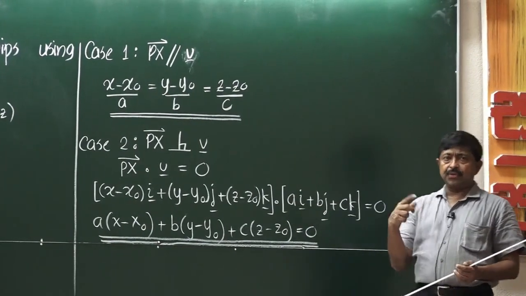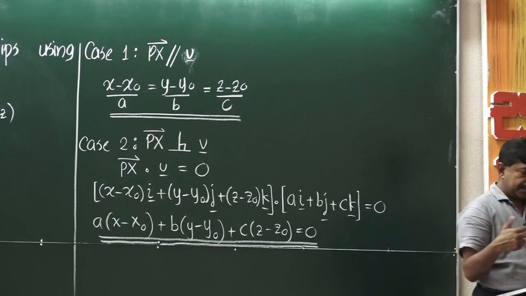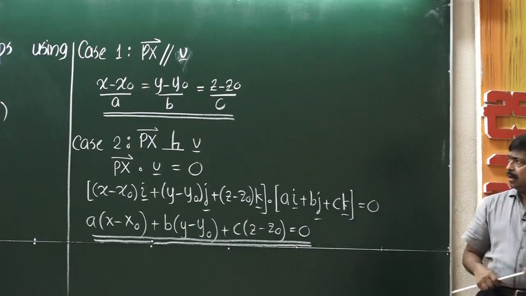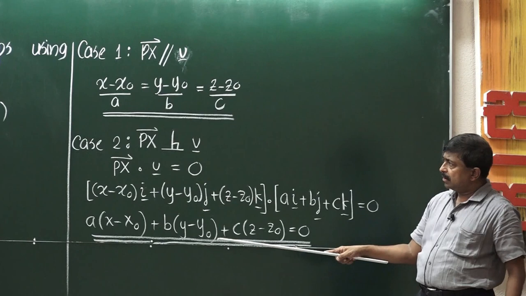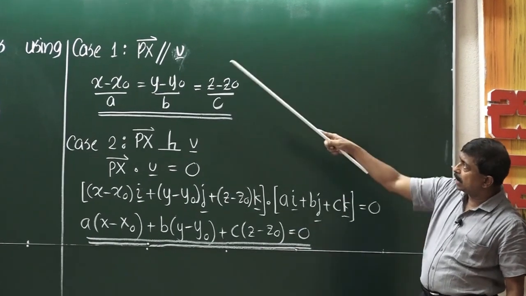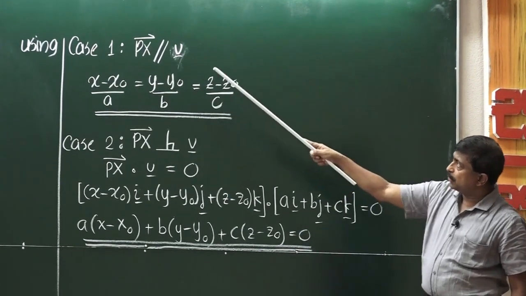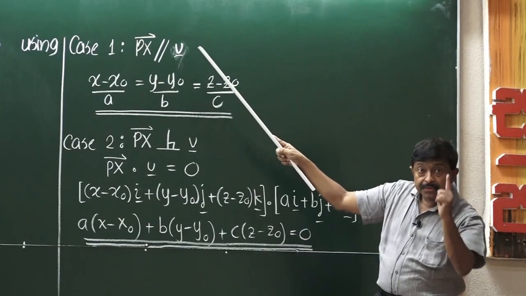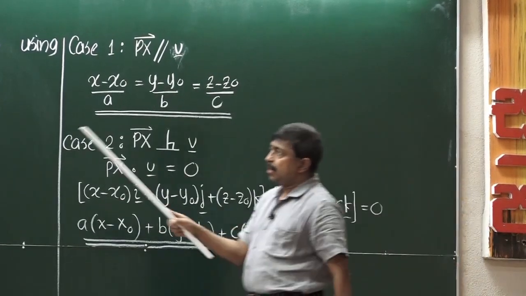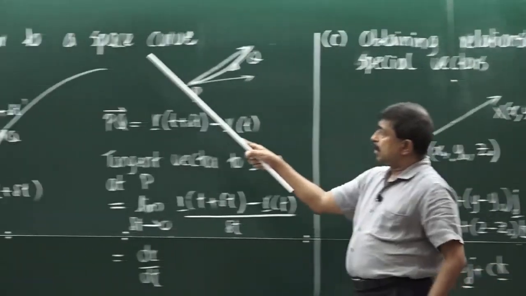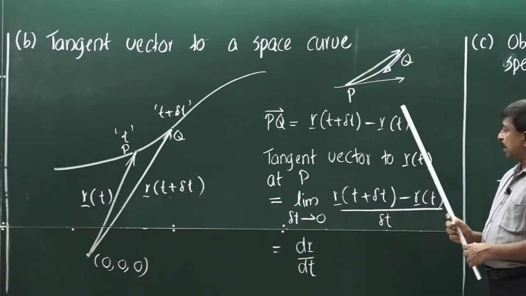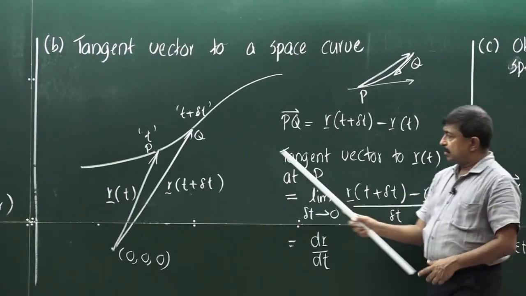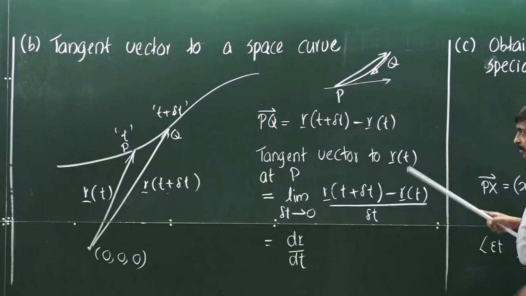And always when you find normal planes, tangent lines and stuff like that, you always need this format. Once you have this vector V, you need a unique direction. Pertaining to a space curve, that vector V is the tangent vector.